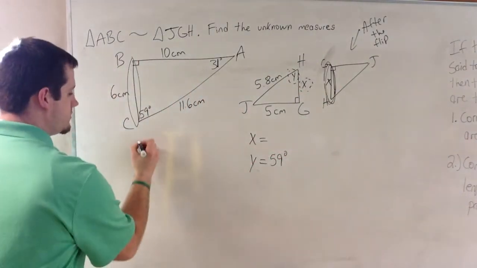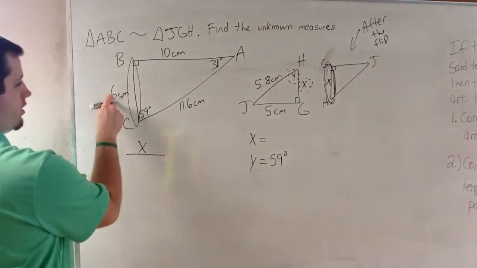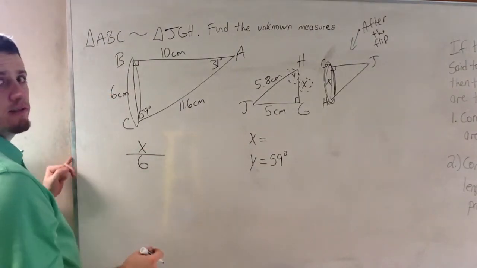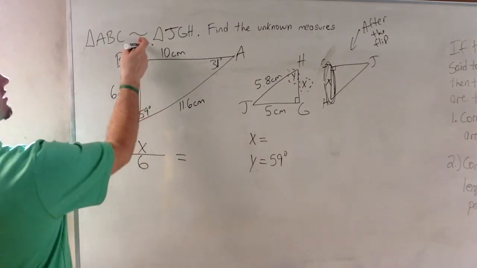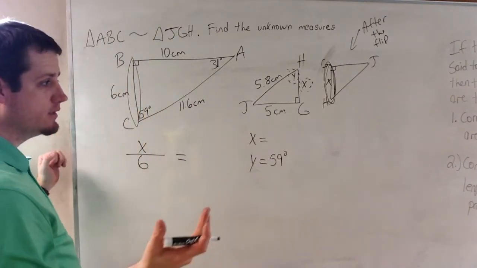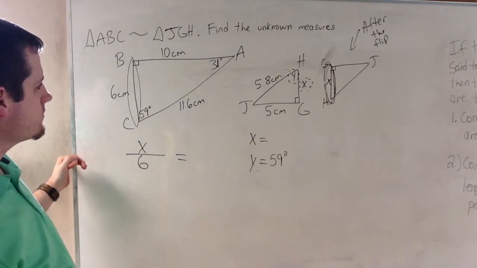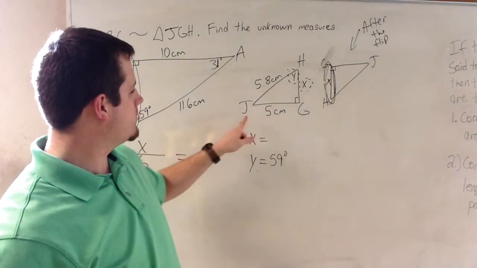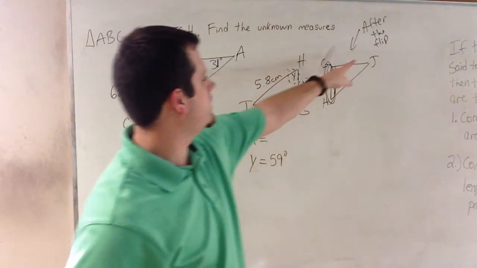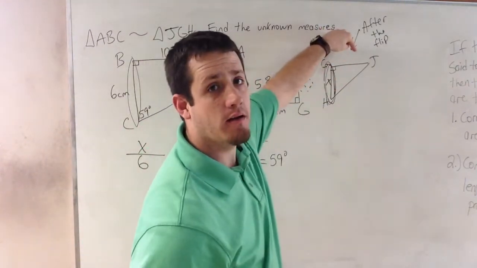So if I put corresponding over corresponding, that's what I'd have, X over 6. Alright, we know they're equal because it tells me they're similar. Yes? Alright, and then we can do what corresponds with 5. What corresponds with JG? Where's JG at? It's on the top after I flip it.